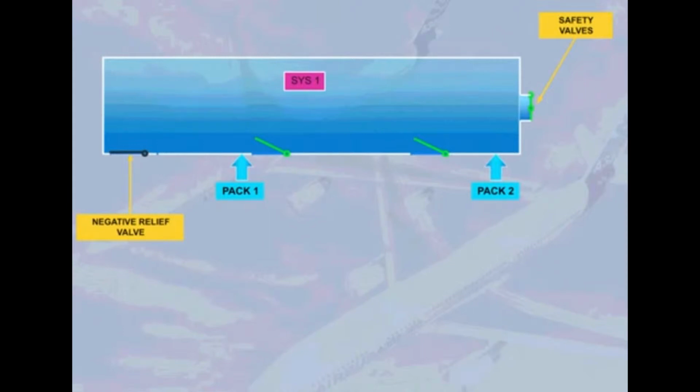Note: on a 340-600, 3 safety valves are installed, and, in addition to the same negative relief valve as installed on the A330 and the A340, a second one is installed after the left cabin door 2.